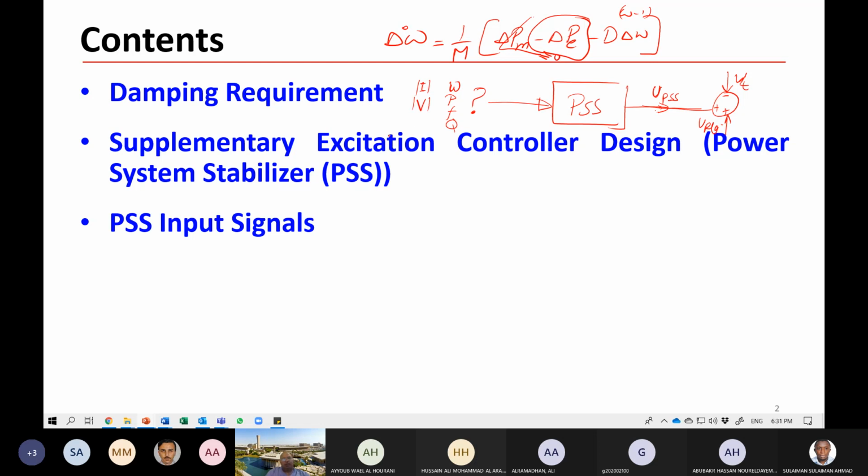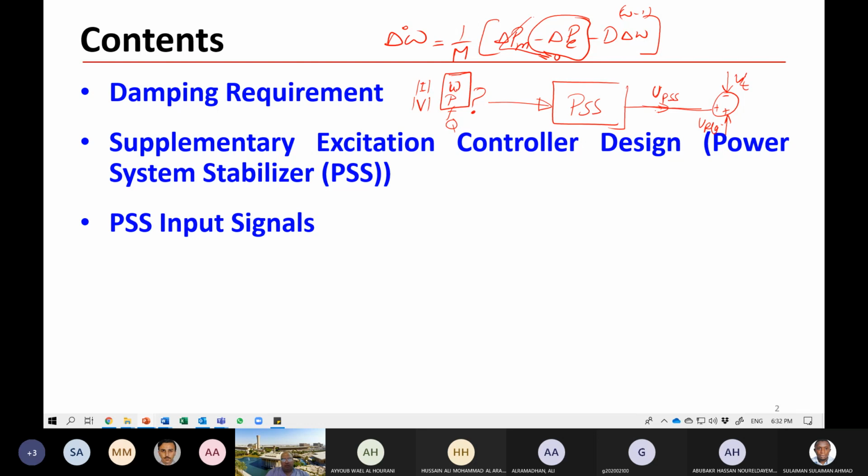But the widely used input signal for the stabilizer is omega and P, or the speed and power. Sometimes you have only one signal, sometimes you have a double-input or multi-input power system stabilizer.